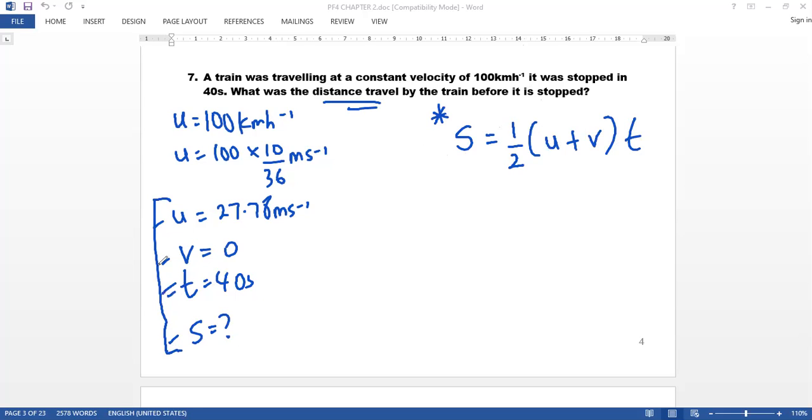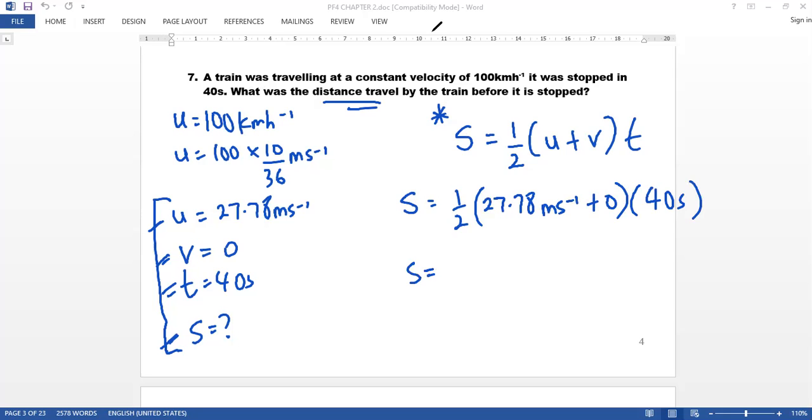If TVUS is given, this is the formula to be used. So let's solve the problem. Initial was 27.78 meter per second. Final is 0. And the time taken is 40 seconds. So what is the distance traveled? Let's calculate.